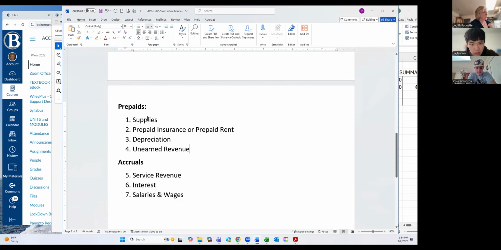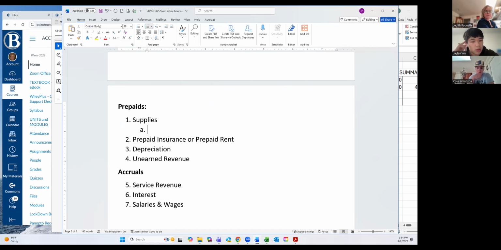Okay. So do you remember the journal entry for supplies? None of these journal entries have cash in them. No cash in adjusting journal entries, ever. So do you guys remember the journal entry for supplies, for prepaid insurance, depreciation? This is just the adjusting journal entry. So what's the adjusting journal entry for supplies? Debit supplies expense and credit supplies.